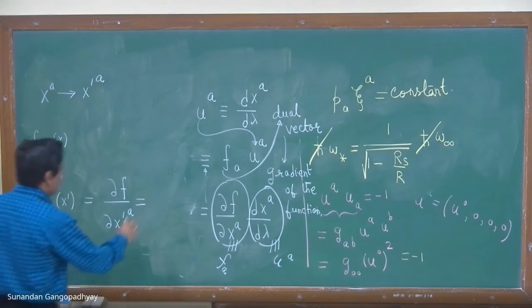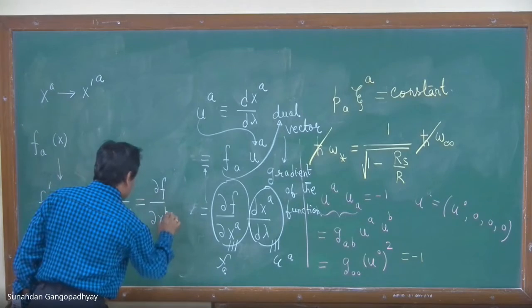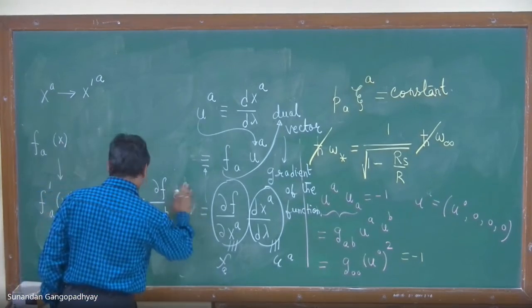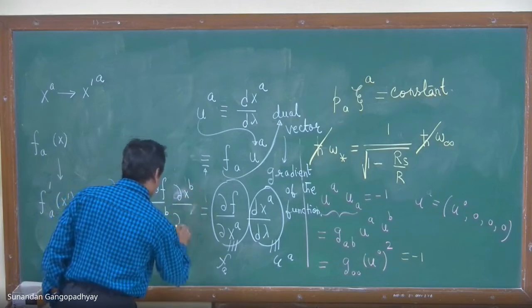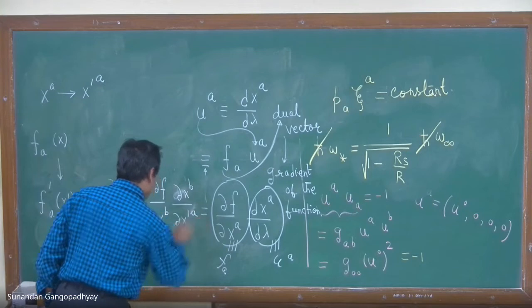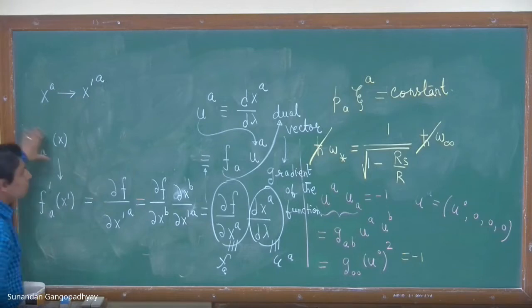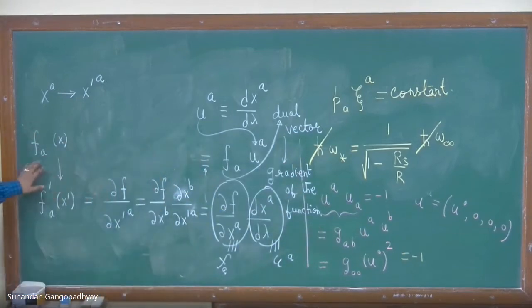This will be del f del x b times del x b del x prime a. So this dual vector, or the gradient of the function f(x), under this coordinate transformation goes to this thing.